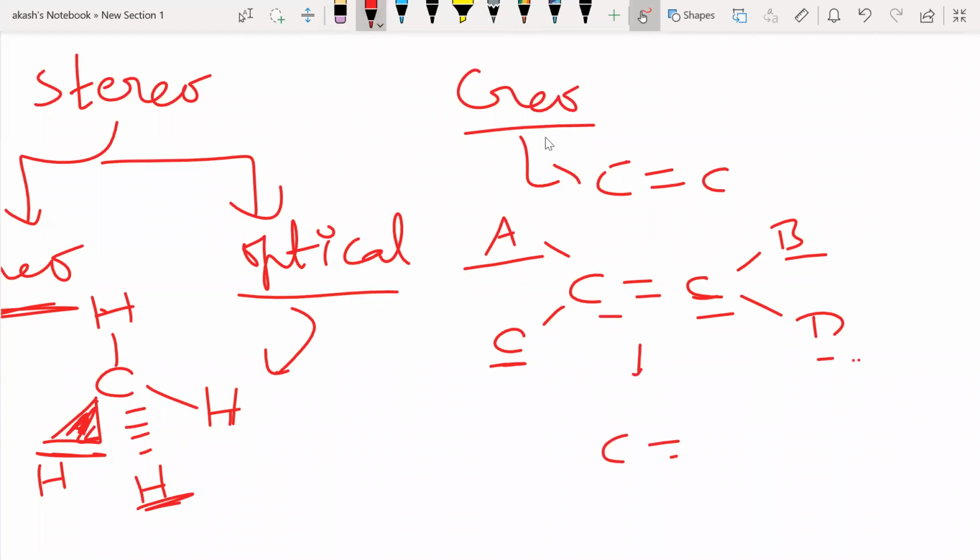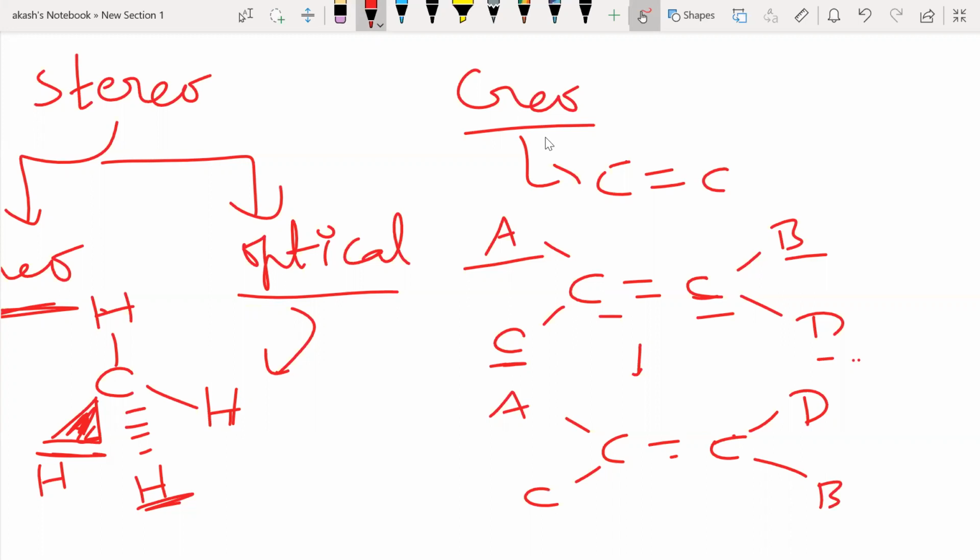Say I have a C double bond C, and again two more bonds are there. Instead of putting A and B on the same side, now let me put A and C on the same side. Sorry, I cannot do it like this. You can put A and D on the same side, and now I can put C and B on the same side.